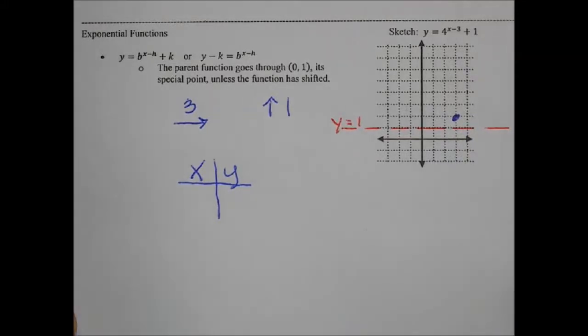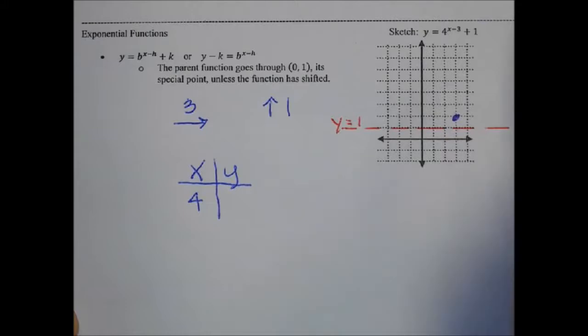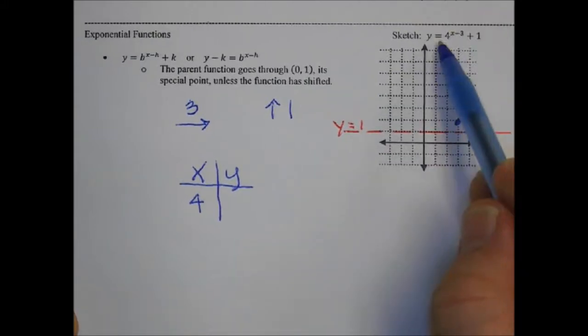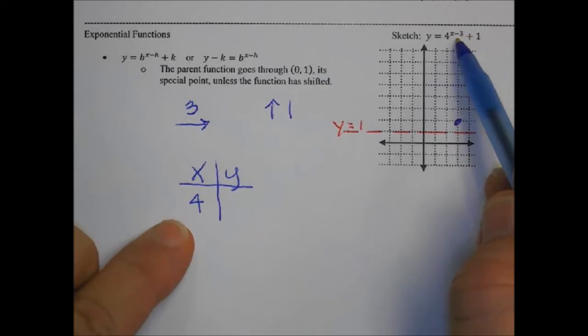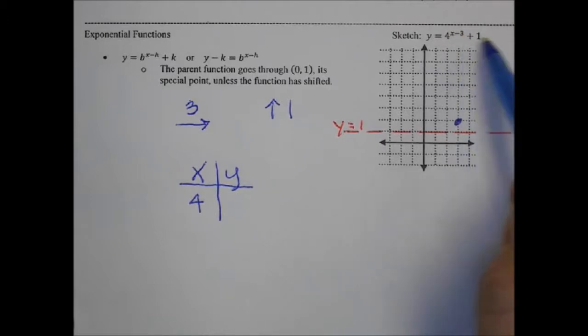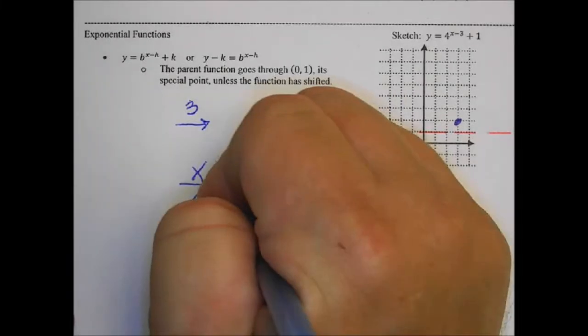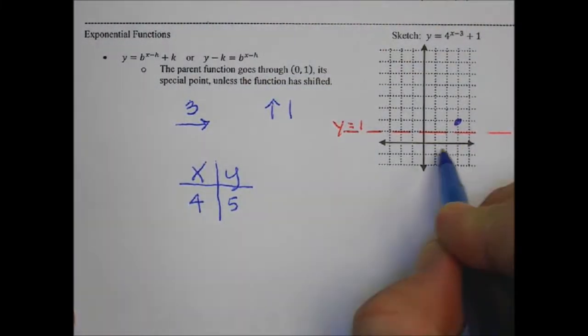So I'm going to use a value of x equals 4, and just plug it in. 4 minus 3, so substitute x equals 4. 4 minus 3 is 1. 4 to the first power is still 4, and then add 1, and that's 5. So my next point is at 4, 5.